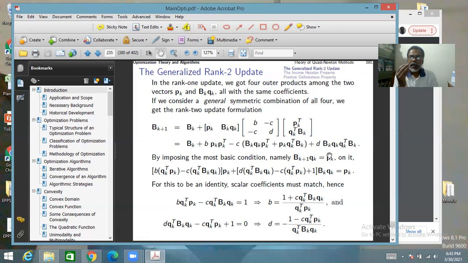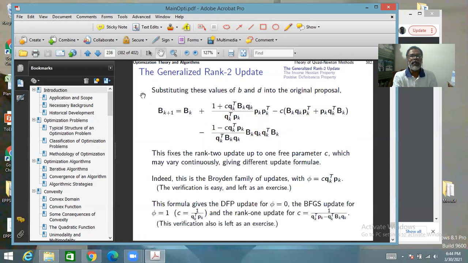For here in the rank 2, we actually will end up spending two independent parameters to fix the update. And that is why the third parameter that we have taken is remaining free in our hand. And we can choose that particular parameter.